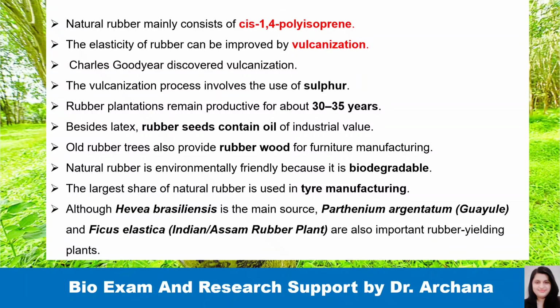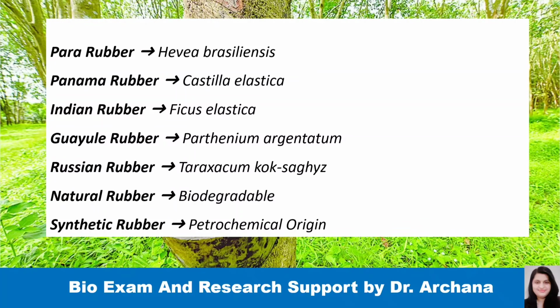As you have seen in the question, natural rubber mainly consists of polyisoprene, and then one important term is vulcanization. The elasticity of rubber can be improved by vulcanization. Similarly, there are so many important points I have mentioned over here. You can memorize them, and along with that, you must revise the common names and the scientific names of each type of rubber, because one or the other question will be from this.